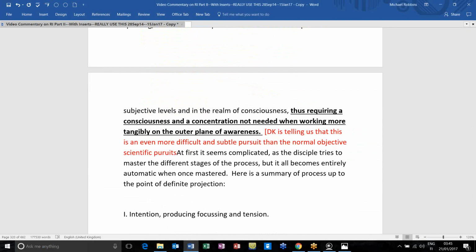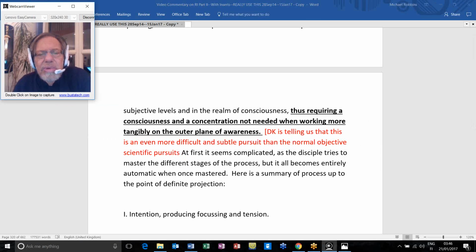So, deepening, steadying of the penetrating consciousness and a type of concentration which is unrelenting and has to hold in mind a number of constituents of the process simultaneously.